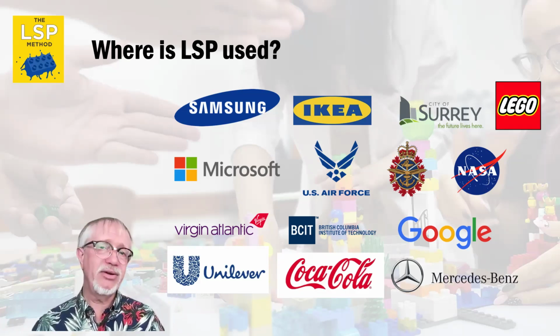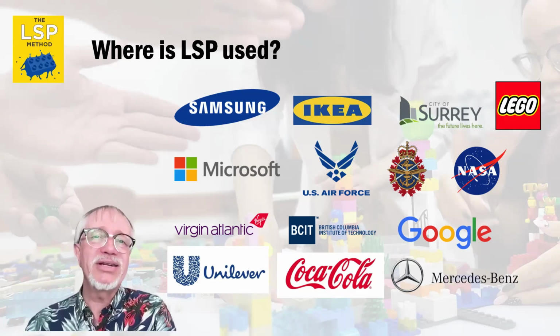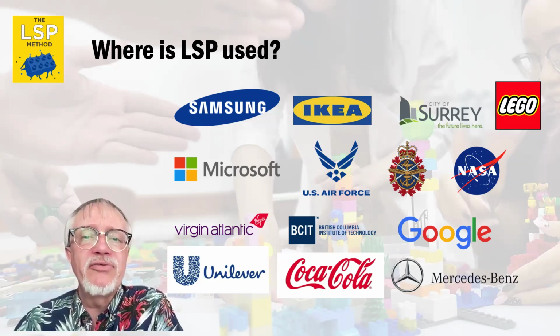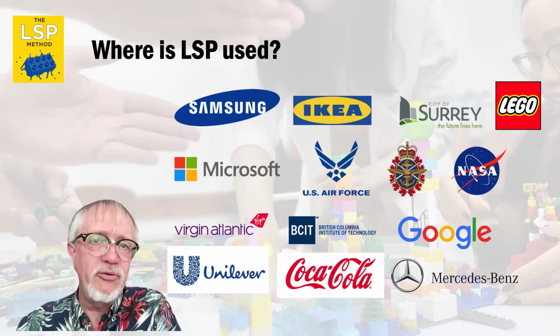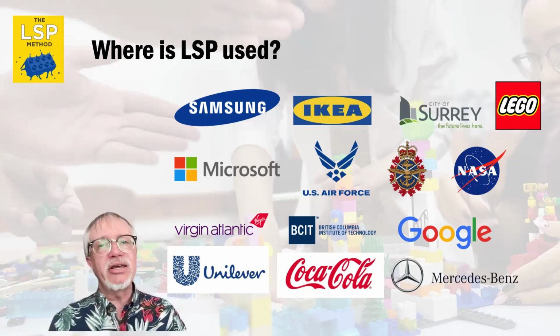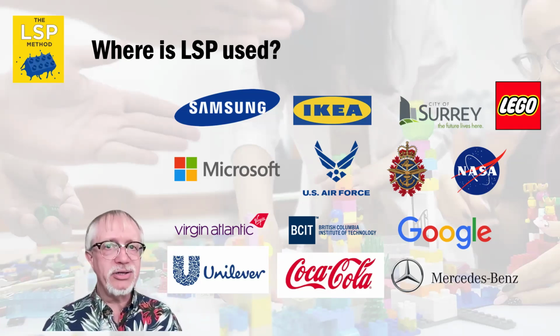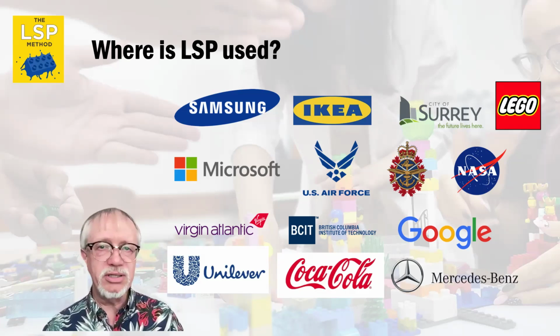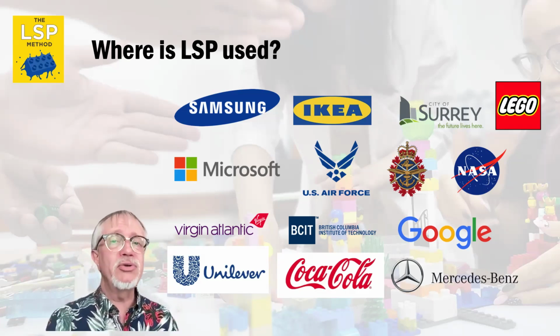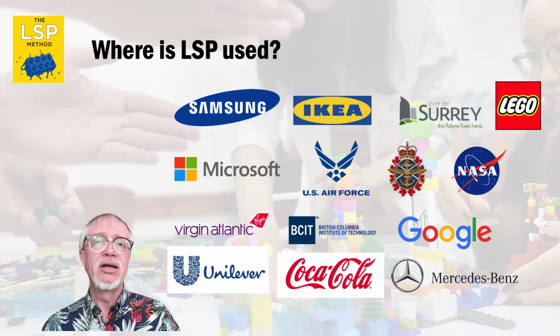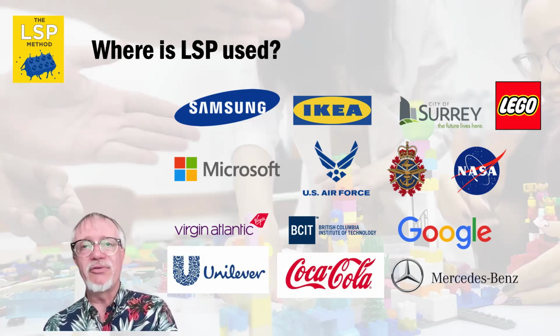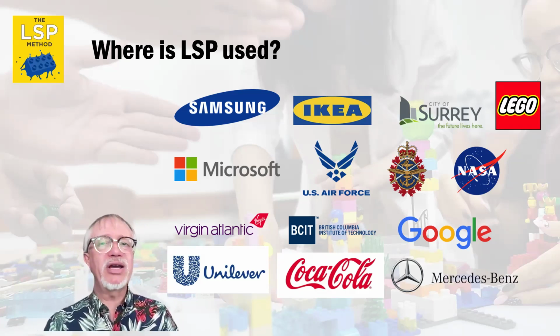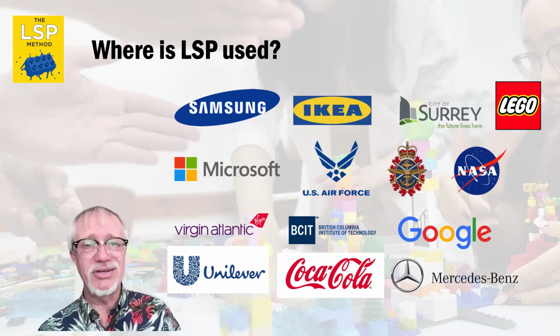I won't go into that here, but we talk a little bit about that in the training. The only connection we now have with the Lego Group is that they continue to manufacture some of the special kits for Lego Serious Play. Do you need to have the special kits? No, you don't. It's a Lego Serious Play method. The kits themselves have some advantages, but if you don't have access to the kits, you can still do this.